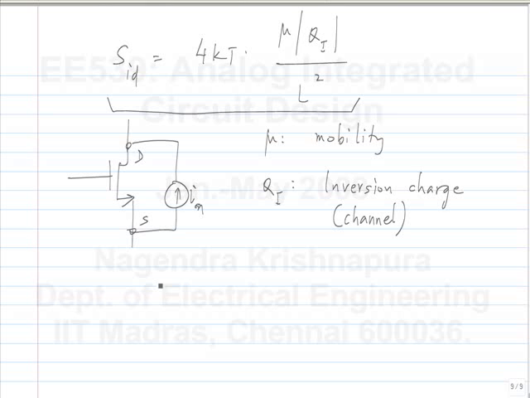What is the value of Qi in the triode region when VDS equals 0? The magnitude of Qi at VDS equal to 0 is Cox WL times VGS minus VT. Everyone is familiar with this.